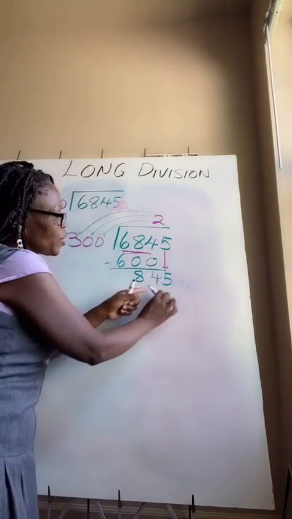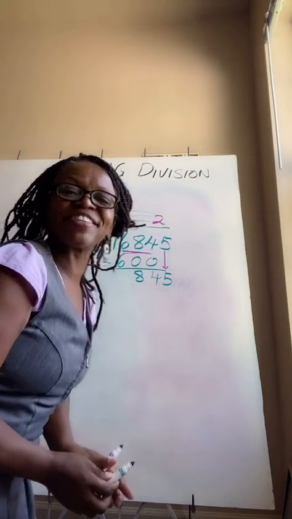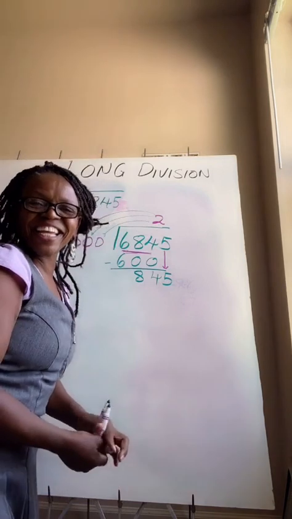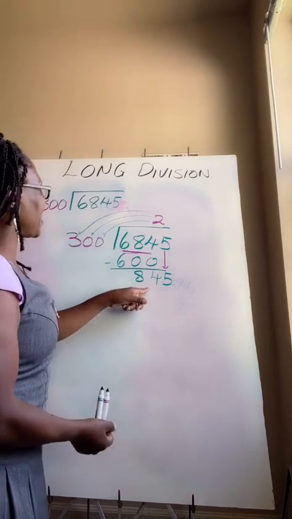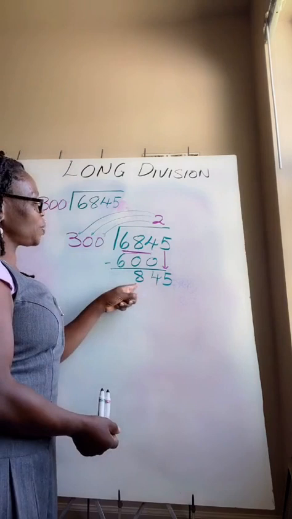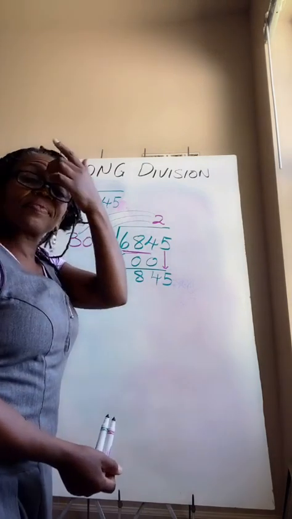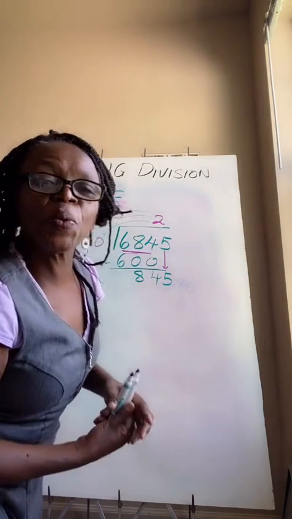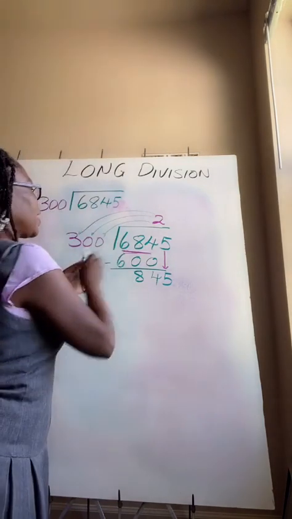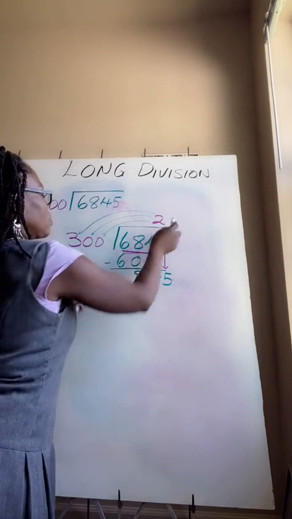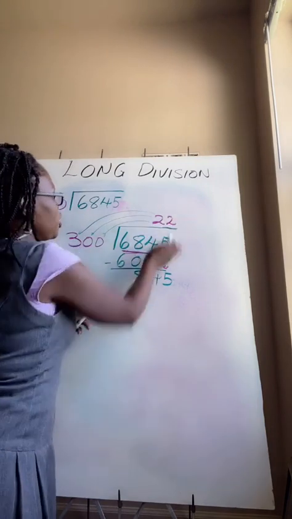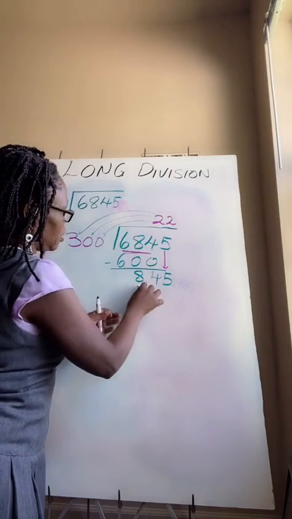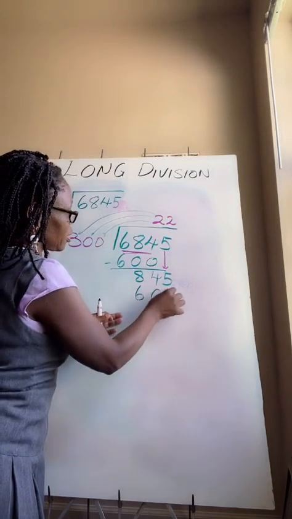How many times does 300 go into 845? Anyone? Somebody said 2. Okay. And we already know that this is 600, we know from up there, so we don't need to multiply it out again.